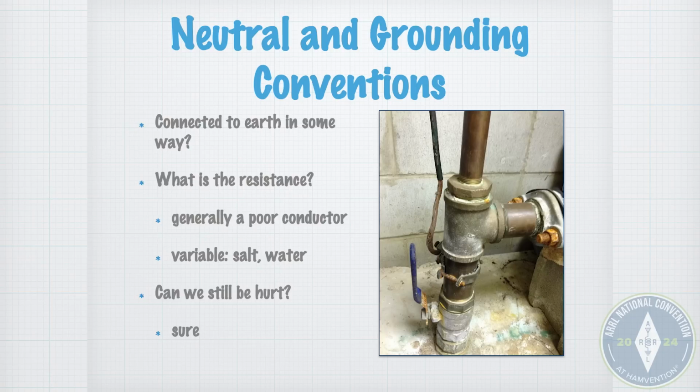I have some graphs later you can look at, but it's generally a poor conductor unless you have some ionic compound like salt in there and some water. Then it can be more conductive. But can you still be hurt by a voltage differential between you standing a little bit away from the electrical box and touching the neutral? Sure. It's possible if there's enough of a gradient there.